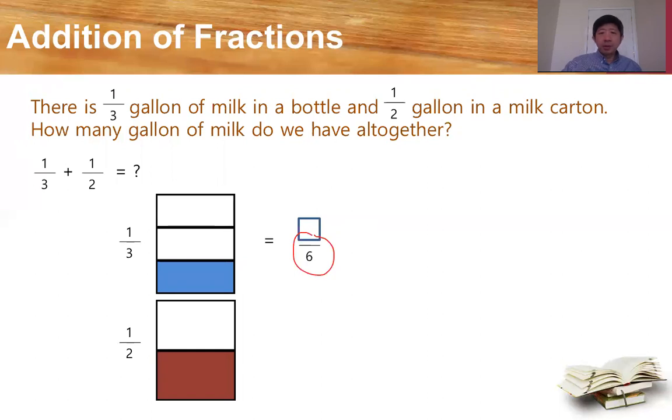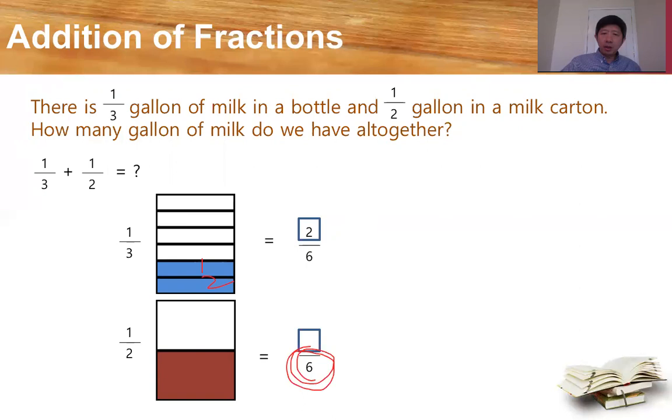Remember that? We talked about this before in class. And then we have to make it the same portion. So same portion, 1/3 equivalent fraction, which is equal to 2/6. Did you see this is 1, this is 2, right? 2/6.